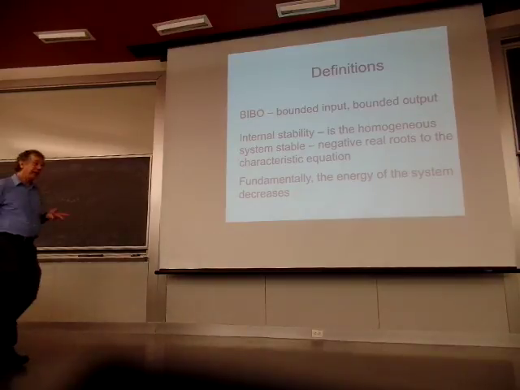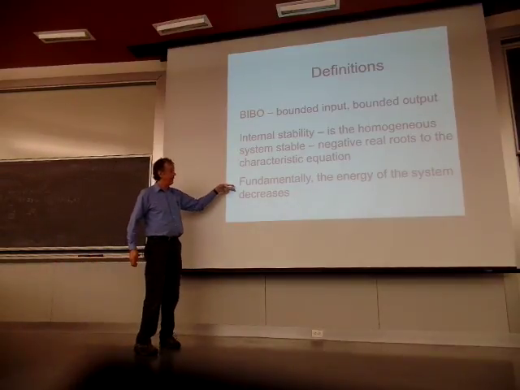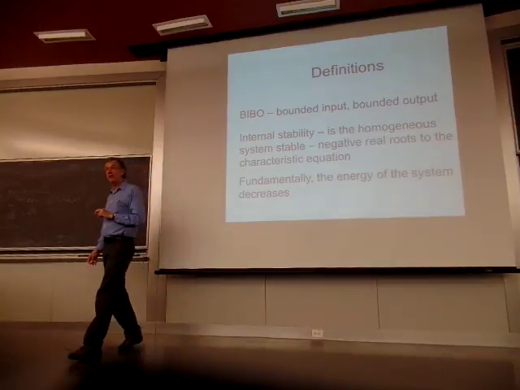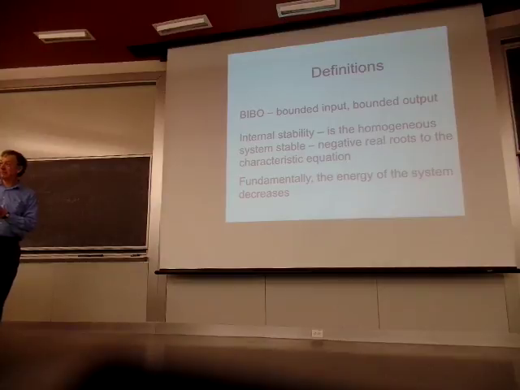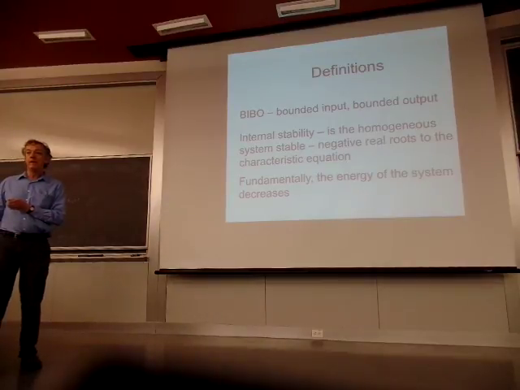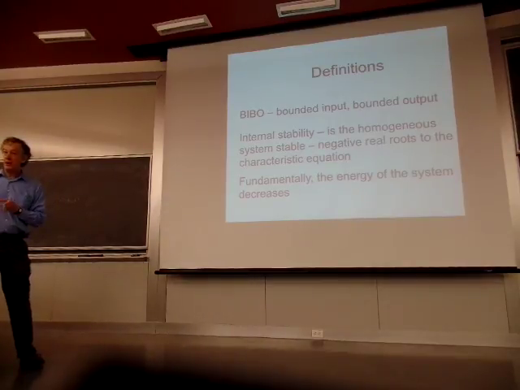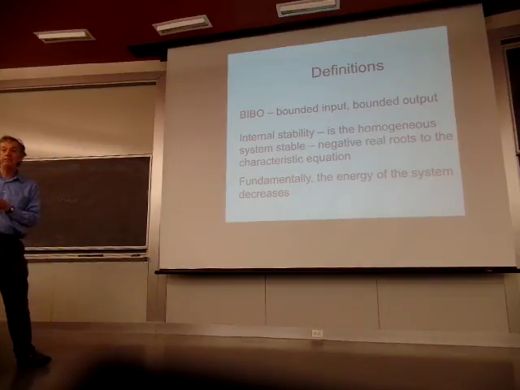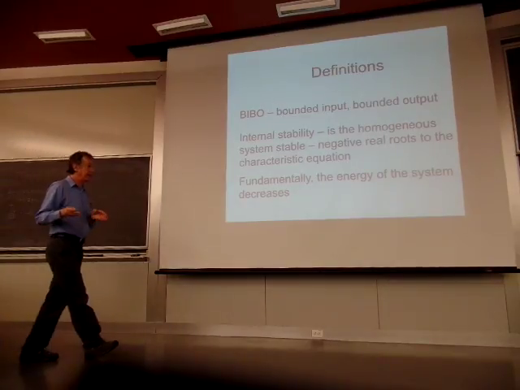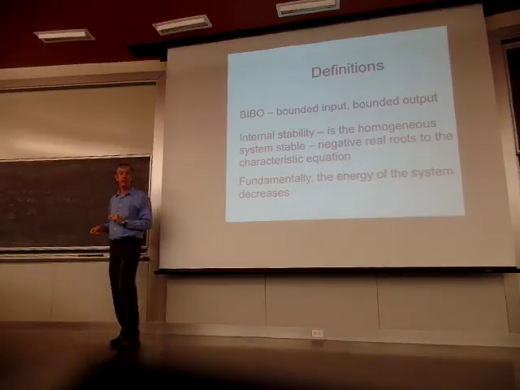If you really think about this, the fundamental idea is that the energy of the system is decreasing. Is the energy increasing, staying the same, or decreasing? If the energy is increasing, it's what? Unstable. If the energy stays constant, it's possibly oscillatory. If the energy is decreasing, it's asymptotically stable.